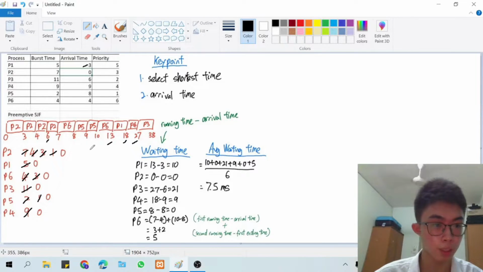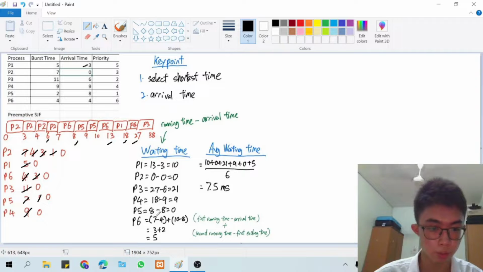For P4, the running time is at 18 millisecond minus the arrival time of 9 millisecond. We get 9 millisecond as the waiting time. For P5, it is 8 millisecond running time. We minus the arrival time of 8 millisecond. We get 0 for the waiting time. For P6, we use another formula, which is first running time minus arrival time.